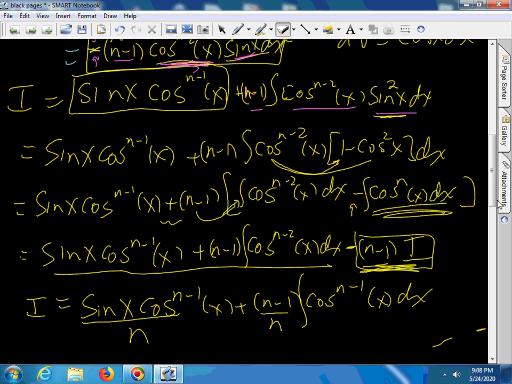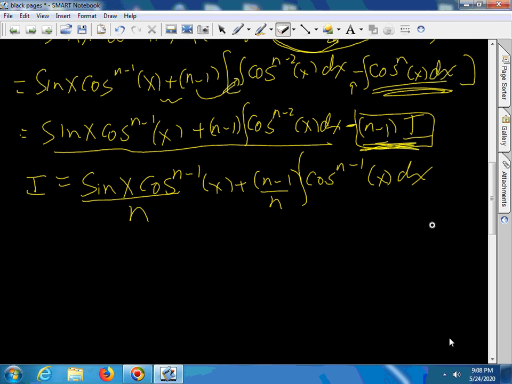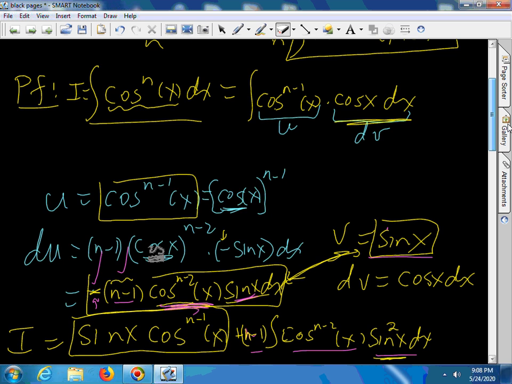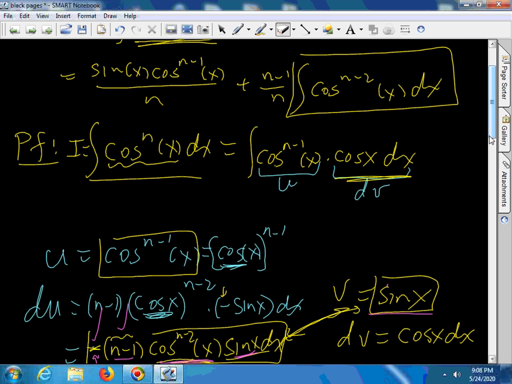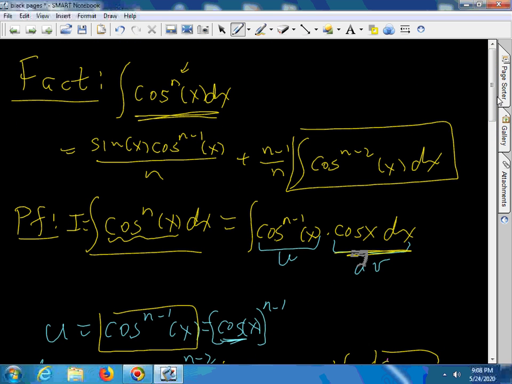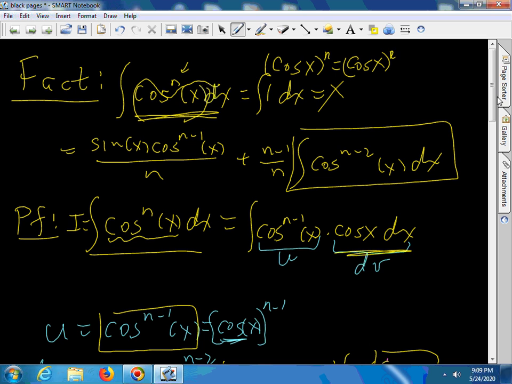The n can't be 0. After all, if n equals 0, the integrand, cosine x all to the n, would just be 1, so you'd just be integrating 1 dx, which is x. There's really nothing to do there.